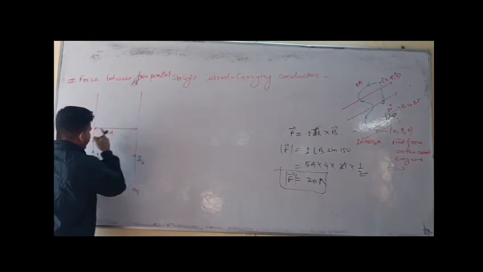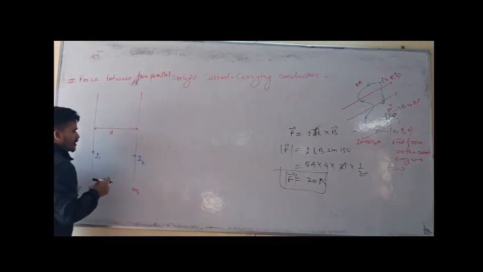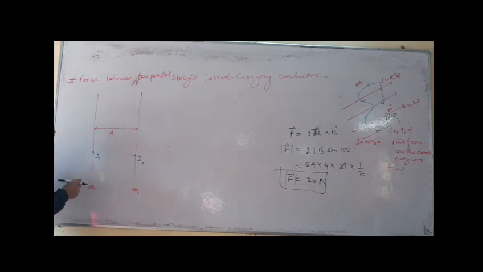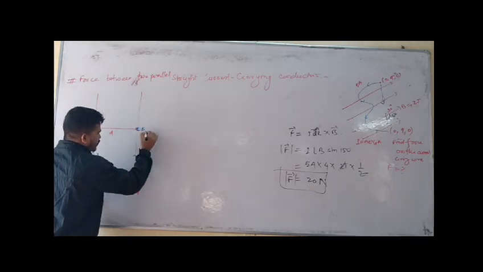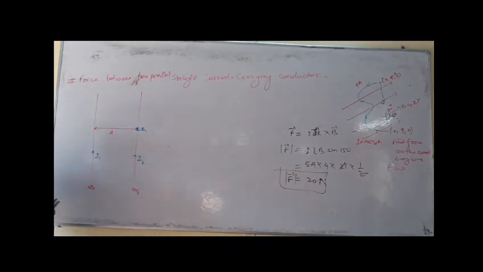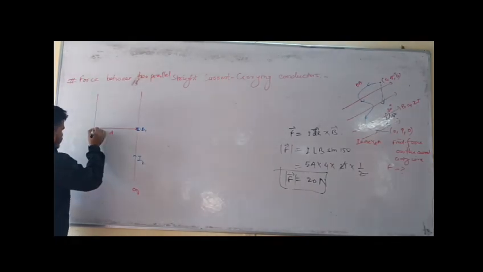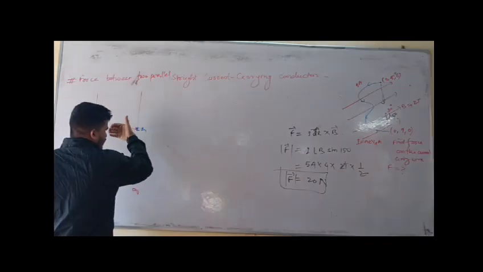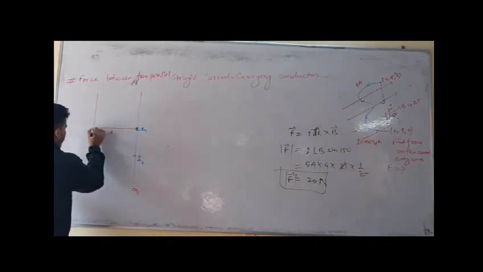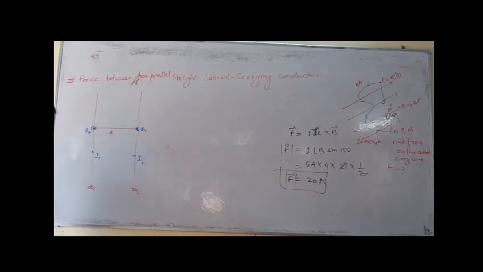Due to this wire, in which direction will the magnetic field be? Inside, yes? This is B1. What about this? Outside, so B2.